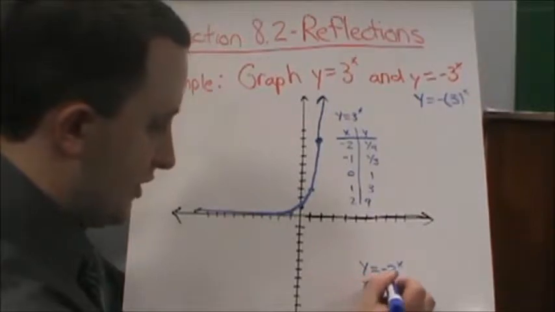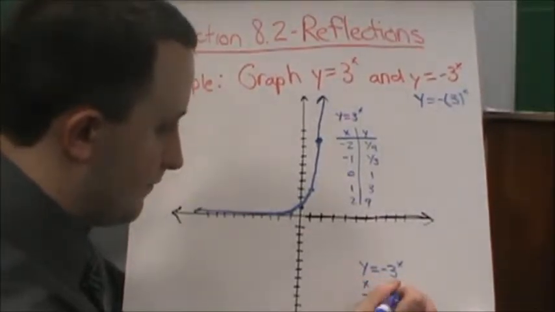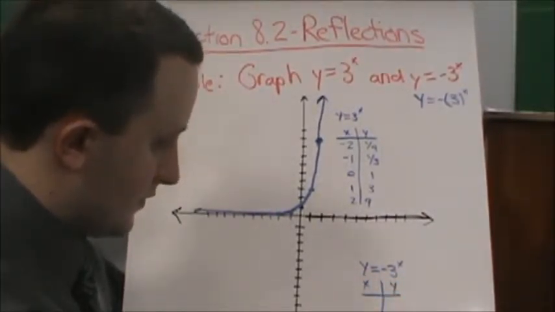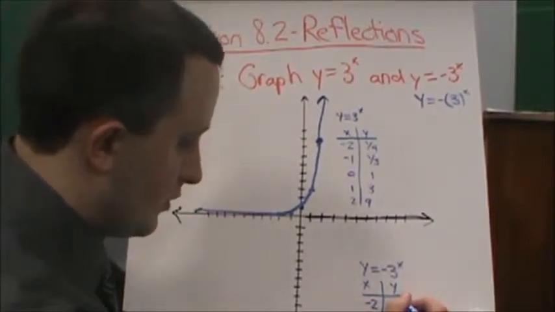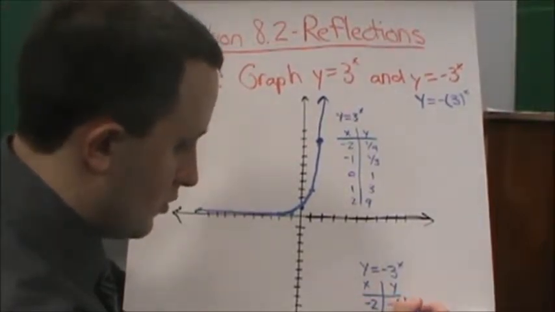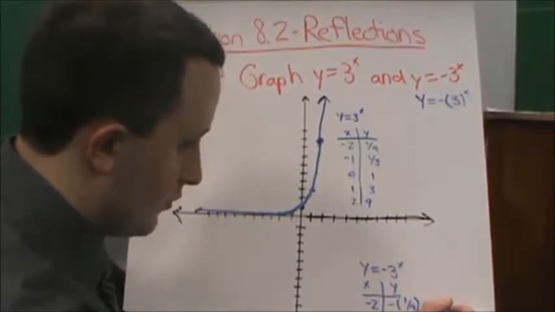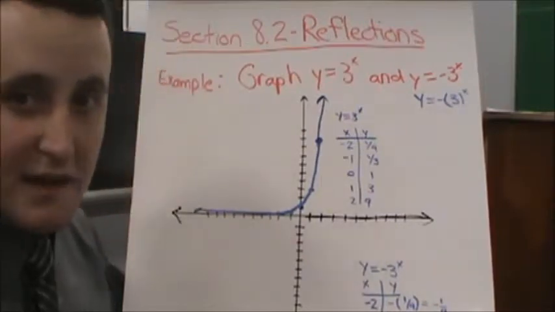If we make our chart x and y, and we look at negative 2, that's really going to be negative 1/9.